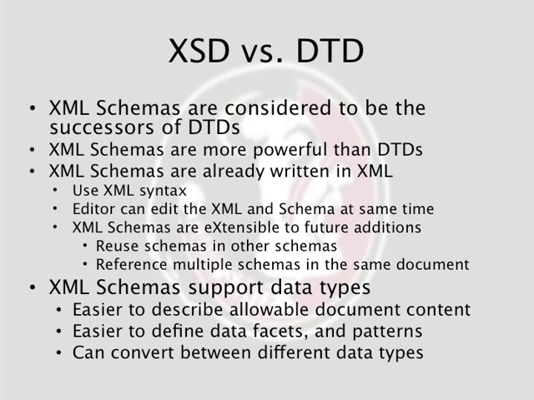We've seen that with XML, that they can be extended to include other things while not breaking other applications. You can reuse schemas in other schemas. You can reference multiple schemas in the same document. Schemas support data types already, so you can already have straight data in them. You don't have to have them defined. So it's easier to describe allowable document content, easier to define data facets and patterns, and you can convert between different data types.